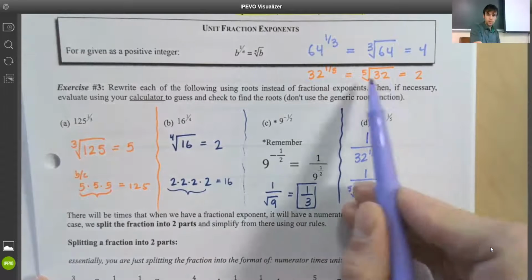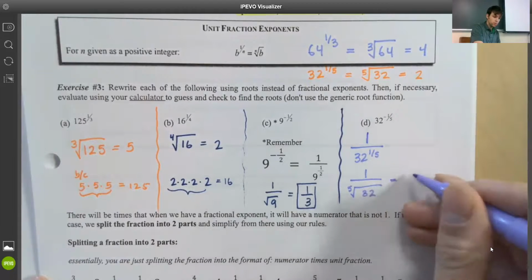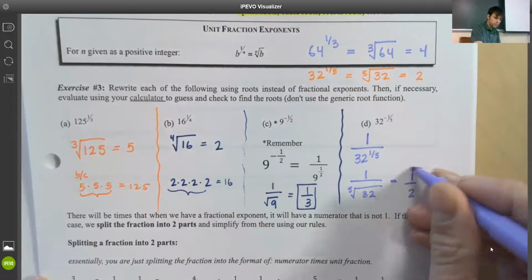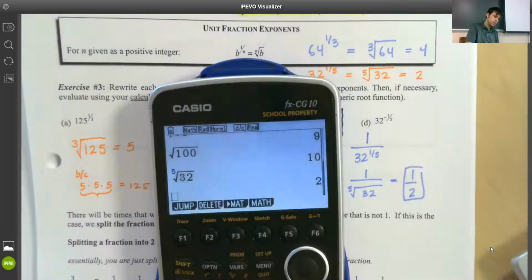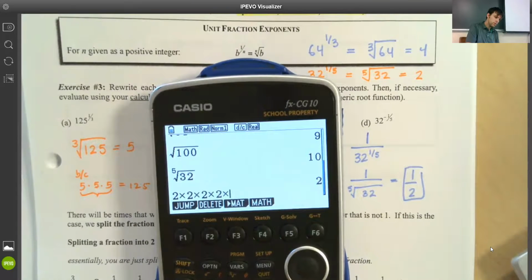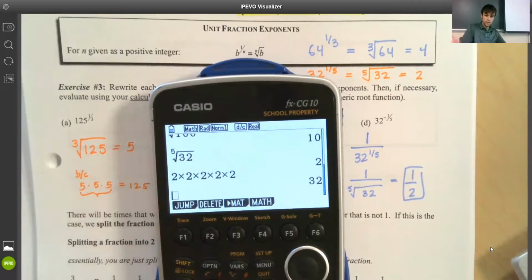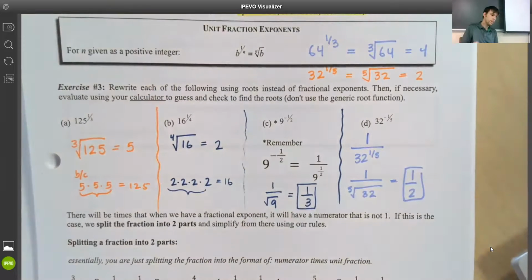Up here, we already saw what that is. It's actually equal to 2. So this is 1 over 2. That's because 2 times 2 times 2 times 2 times 2, 5 of those all multiplied together, gets us 32.